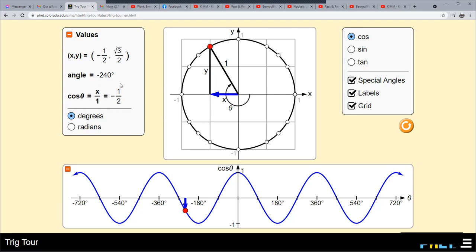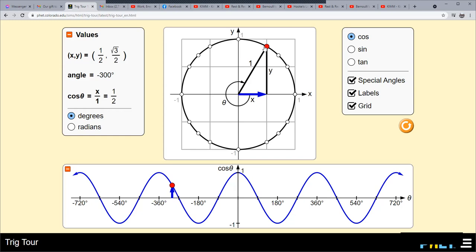The same is true if we have negative 240 degrees, still in the second quadrant. But if you have negative 270 degrees, you would notice that the value for x becomes 0 and the value for y becomes 1.